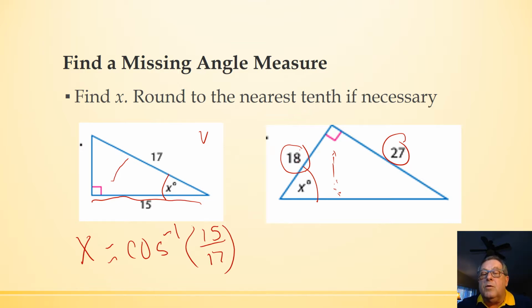So let's see, what trigonometric function can we use? SOHCAHTOA, opposite over adjacent. Well, I know the side lengths of the opposite side and the adjacent side to angle x.